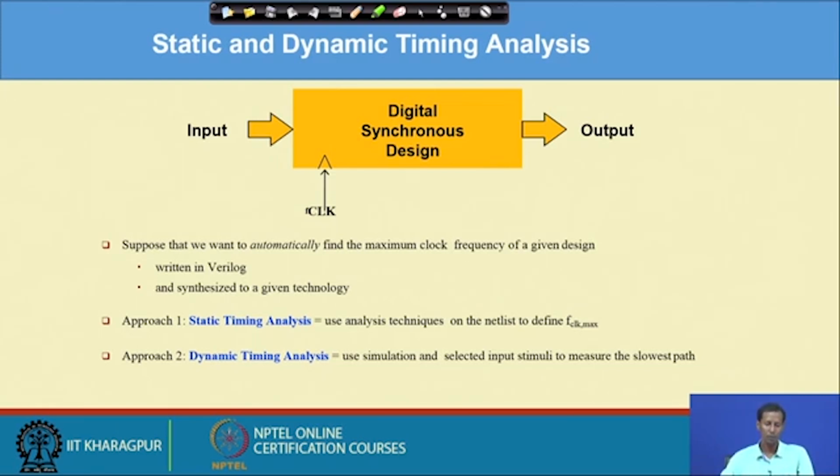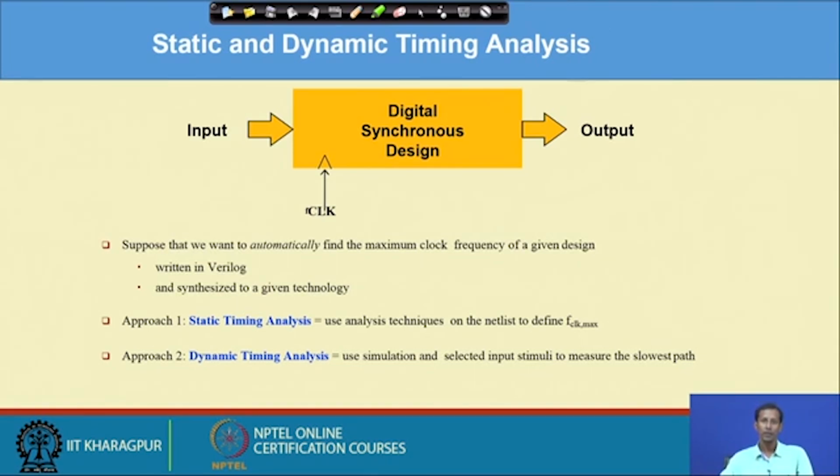So, what will be the maximum achievable clock frequency for this particular design? That you are only able to know by doing this timing analysis.